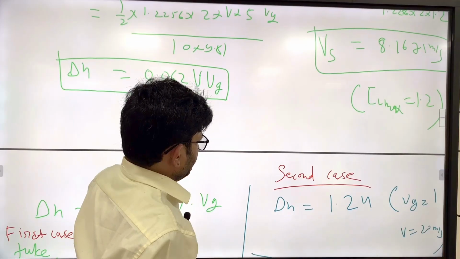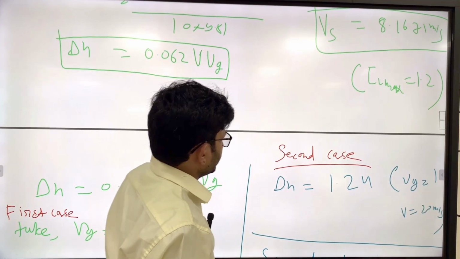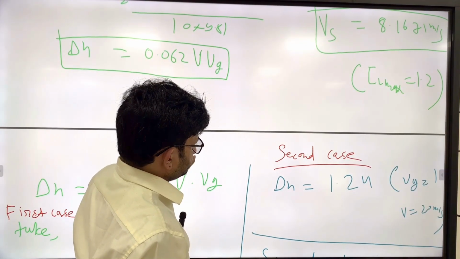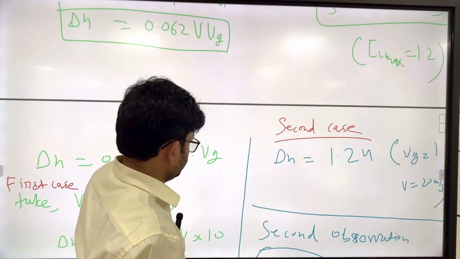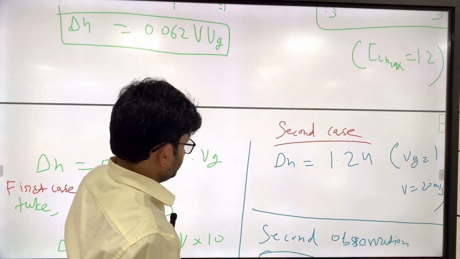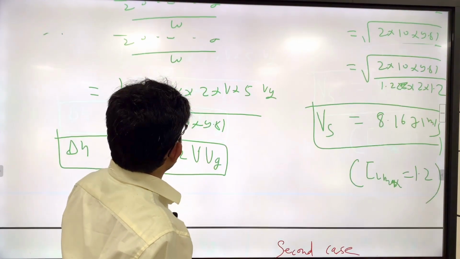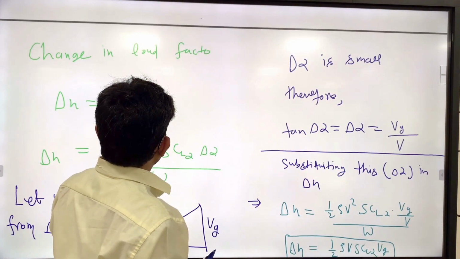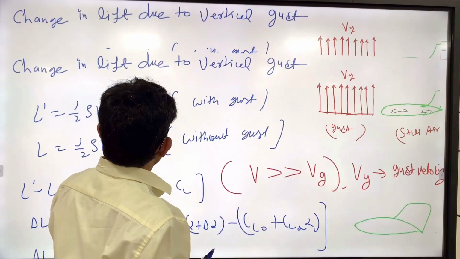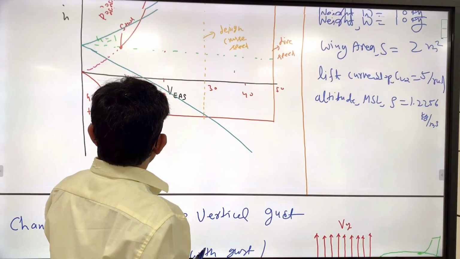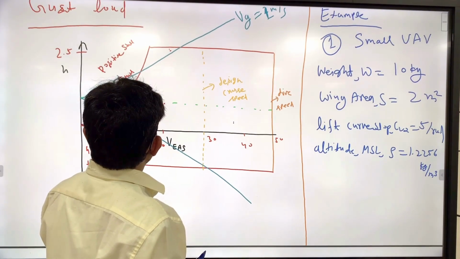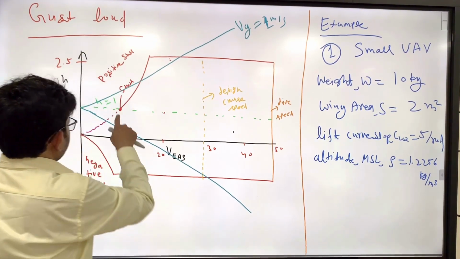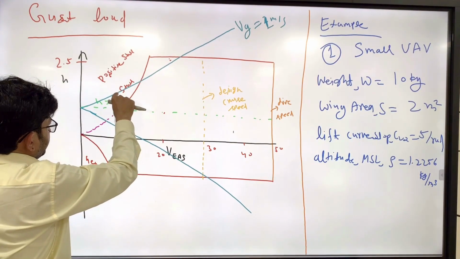And for Vg equal to 1 case, delta n is 1.2, right? So if you are near stall, you are out of the envelope.